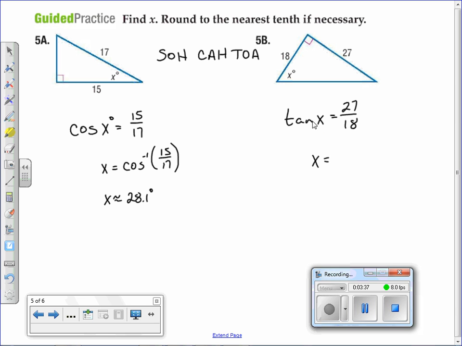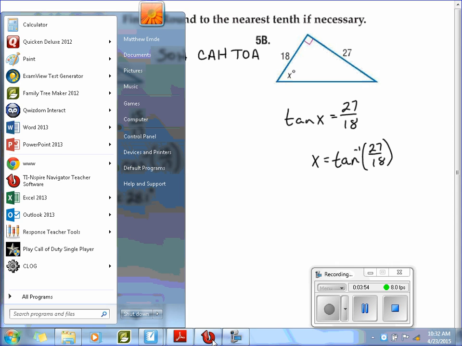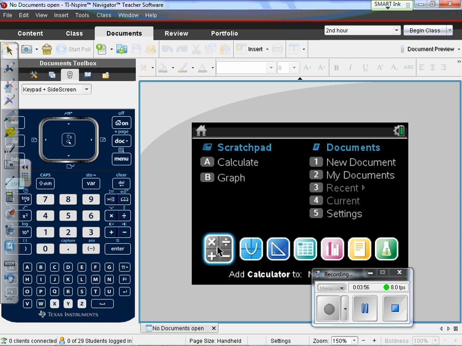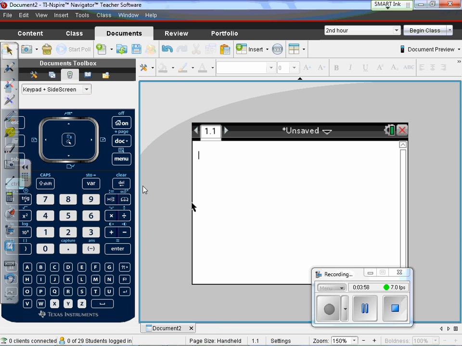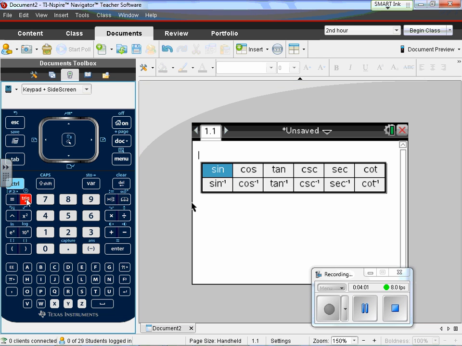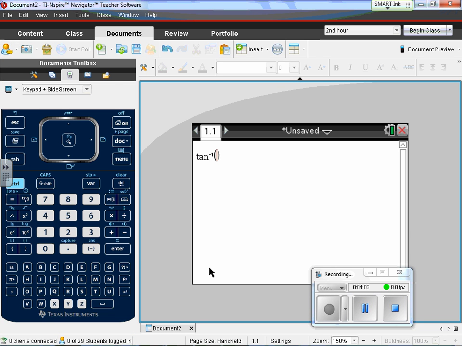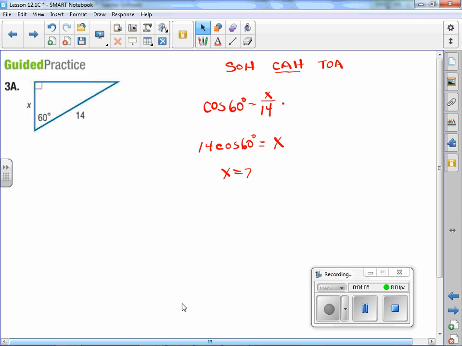Okay, so I just need to go ahead and rewrite this as x equals tangent inverse of 27/18. For this one, I'm going to use my TI Inspire calculator. I'm going to open up the screen here. Let's select the tangent inverse. It's right there. What was that number again? Wrong slideshow. There we go. 27/18.